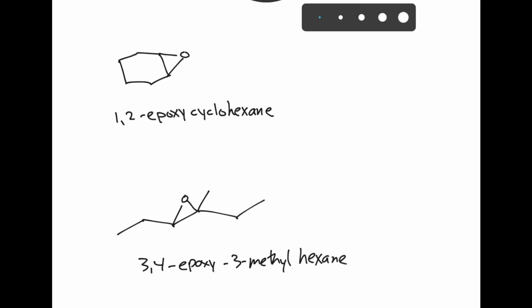So we're going to number in this direction, right? We picked that direction because that gives the methyl group the lowest possible number. Because either way we number the epoxide, it's going to be 3,4. So the methyl is what decided it. Not too bad, right?